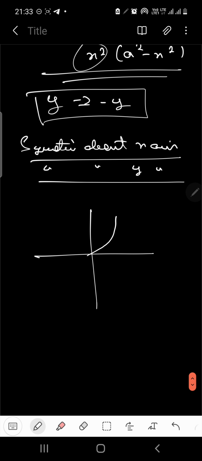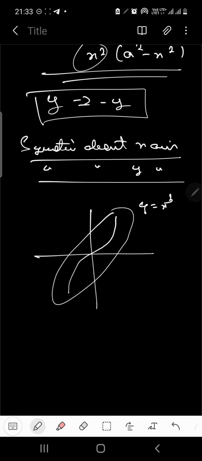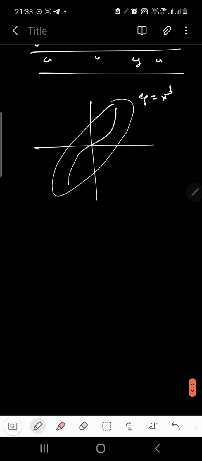See, this is the graph of y equals x cube, let's say. Is it symmetric about the x-axis? No. Is it symmetric about the y-axis? No. But this is symmetric about the origin. And this is not the same as being symmetric about both the x and y axes. So don't get confused between being symmetric about the x-axis and y-axis and being symmetric about the origin. Make this pretty clear.